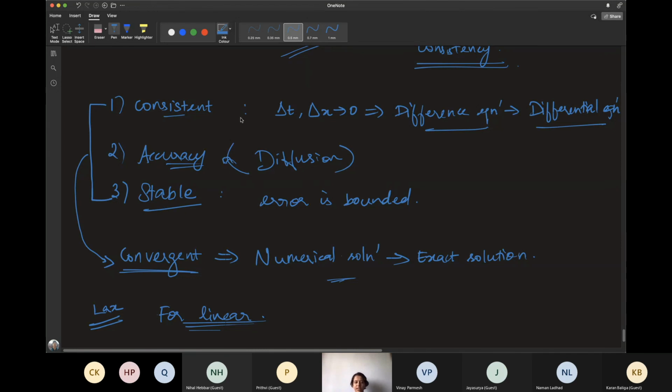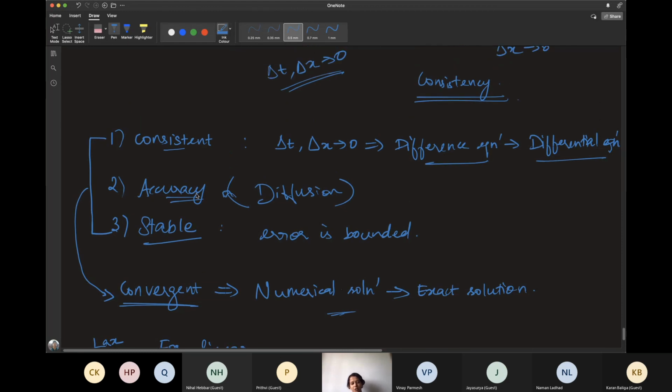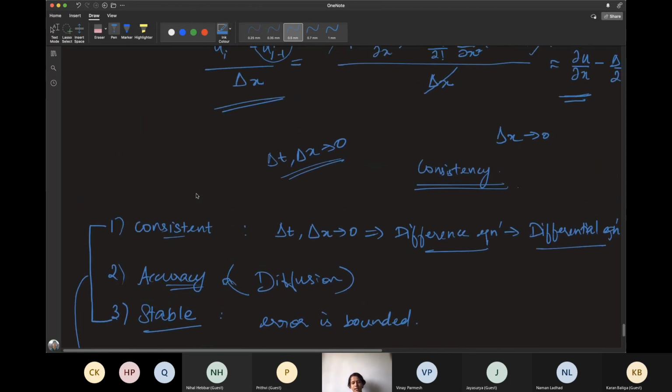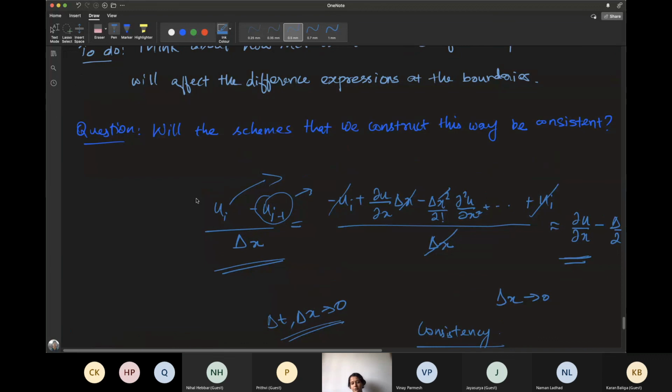We have seen consistency and we know what accuracy is. We'll see more about stability further. What I've done now is talk about how, if you are given any differential equation, you can construct a consistent scheme for it, of some order of accuracy.